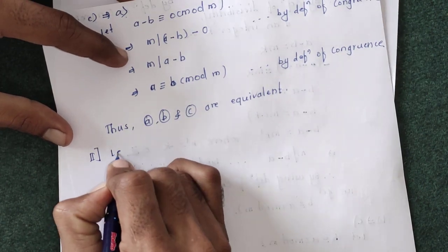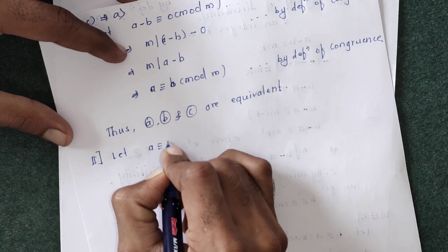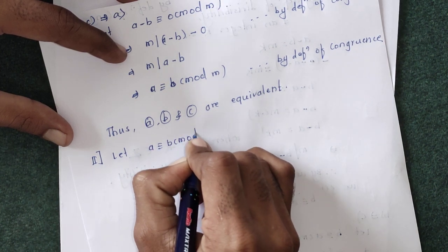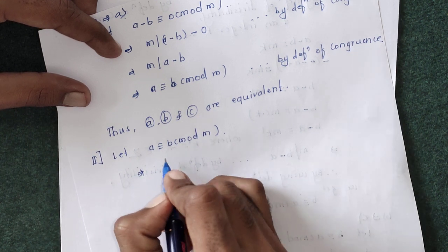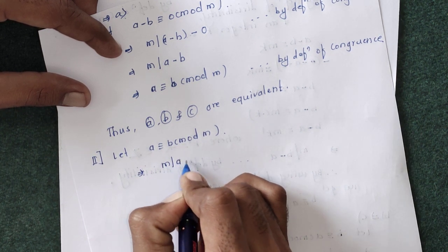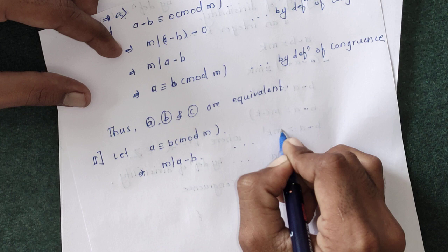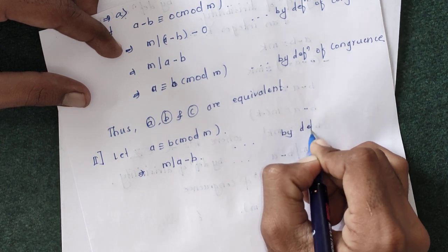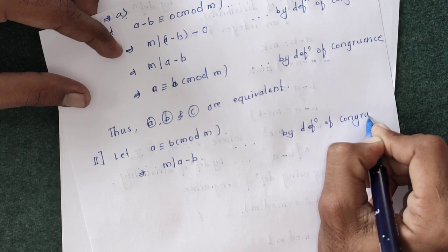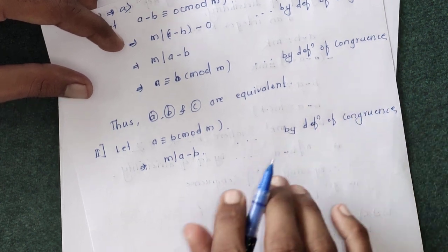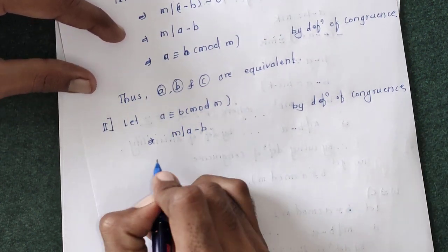Let a be congruent to b mod m. Therefore, by definition of congruence, we can say that m divides a minus b.